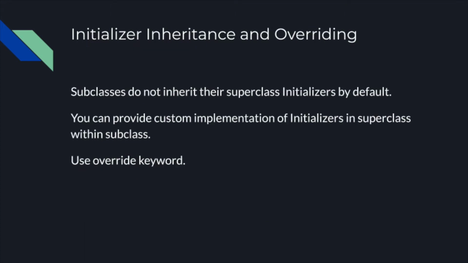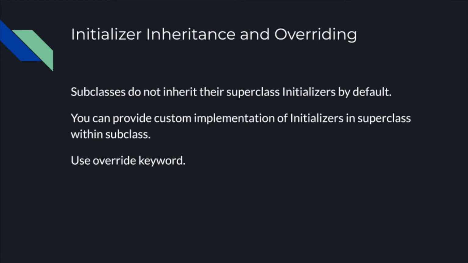Inheritance and overriding. Unlike subclasses in Objective-C, Swift subclasses do not inherit their superclass initializers by default. This approach prevents a situation in which a simple initializer from a superclass is inherited by a more specialized subclass and is used to create a new instance of the subclass that is not fully or correctly initialized.